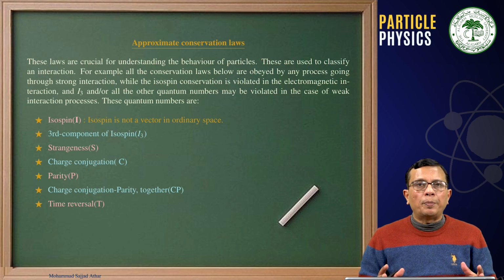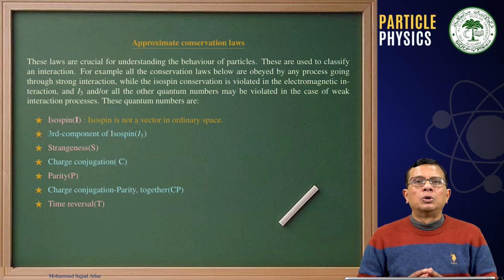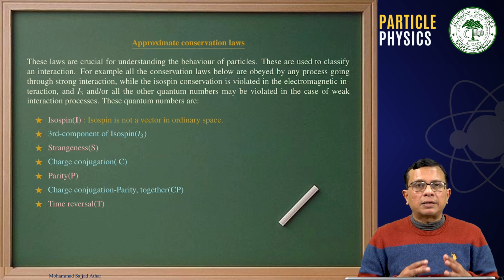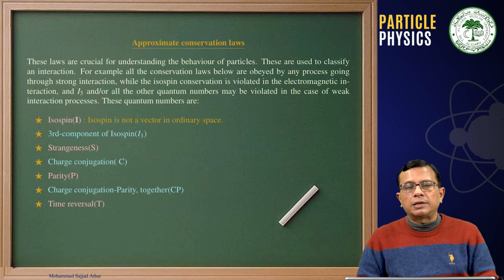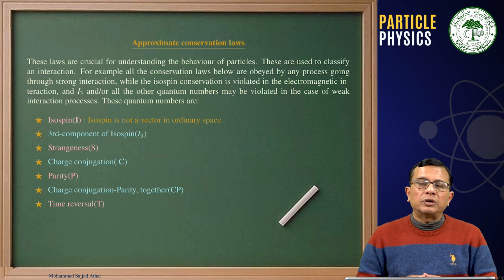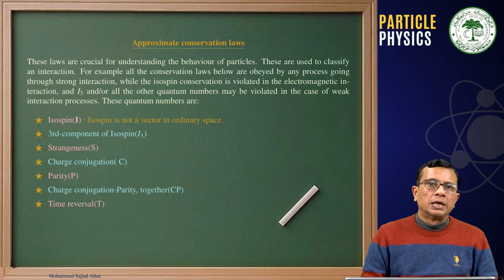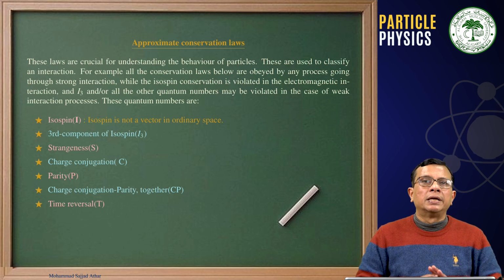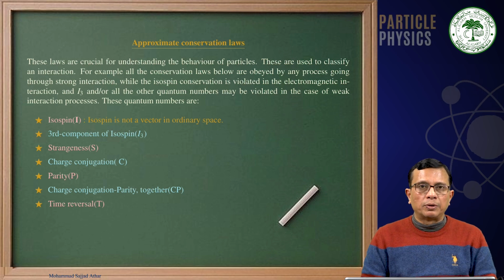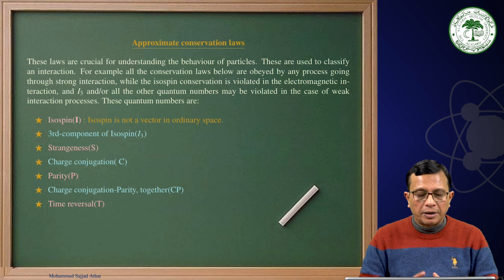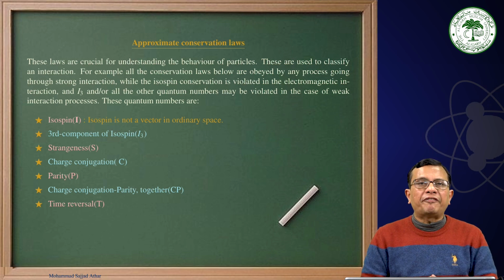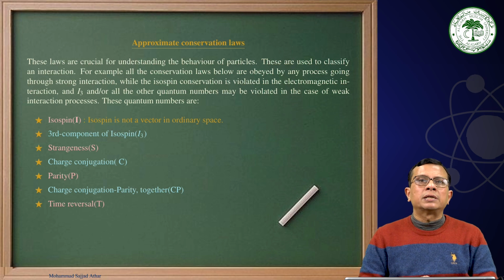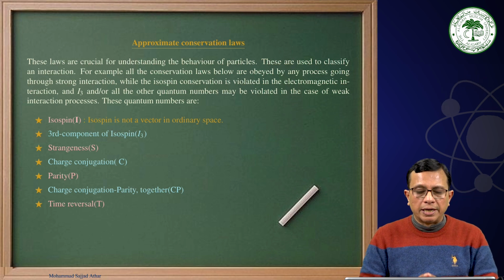If these are obeyed, then we will see whether that process is possible through a strong interaction, electromagnetic interaction, or weak interaction. Therefore, these conservation laws have been given by hand, broadly speaking, to classify the different processes which have been observed in nature.